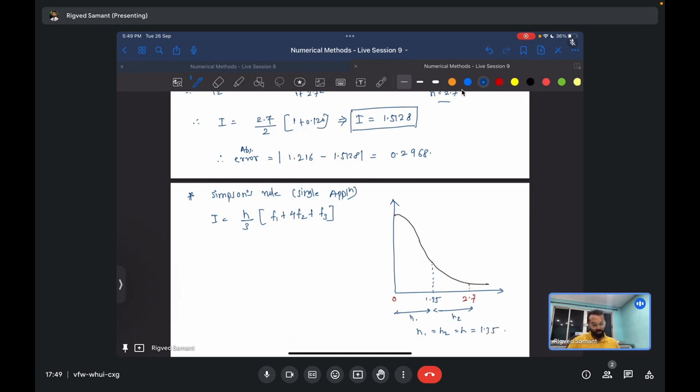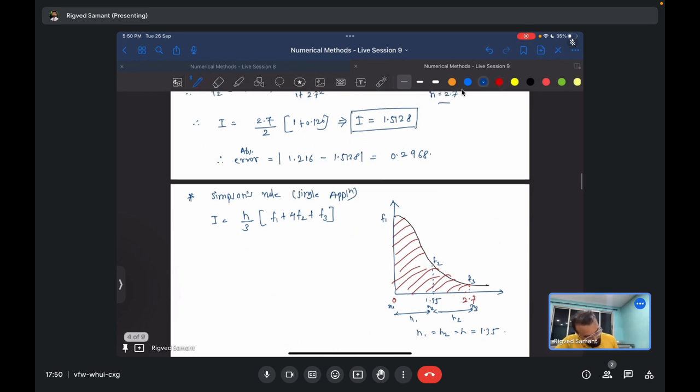So these are your two intervals. Now this is x1, x2, x3. Therefore these are f1, f2, f3. So these are your points, and you will find the whole area under the curve in one go using Simpson's 1/3 rule. Even if you have two intervals, the area under the curve is found in one step. It's one formula itself. You are not repeating the formula in the different intervals.